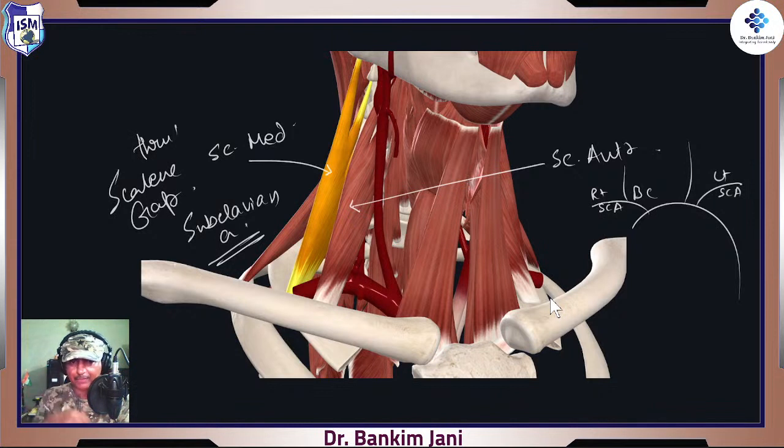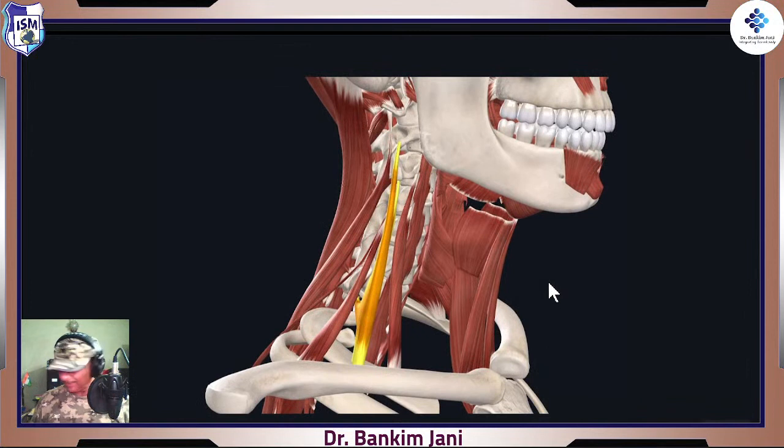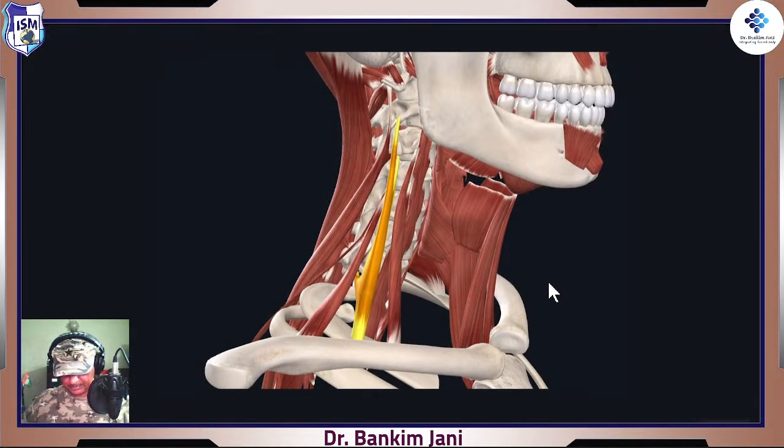So that's the subclavian artery over there, because later on it will proceed further and go all the way to the upper limbs, right? So this is scalenus medius. So here it is, the scalenus medius.